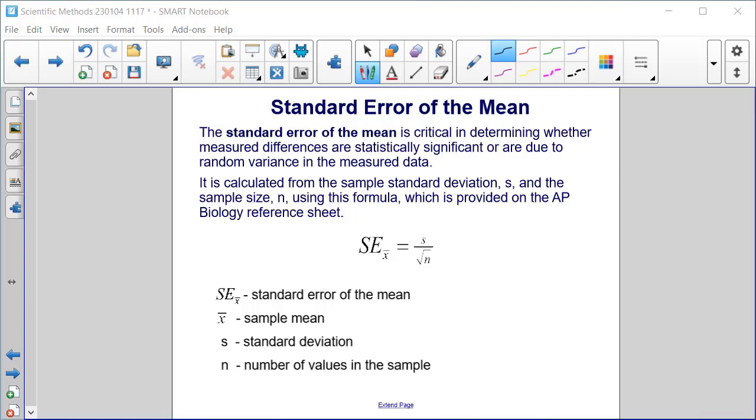It is calculated from the sample standard deviation, S, which we talked about in the previous few slides, and the sample size N, using this formula, which is provided on the AP Biology reference sheet. So SE mean, the standard error of the mean, is equal to the standard deviation divided by the square root of the number of values in the sample.